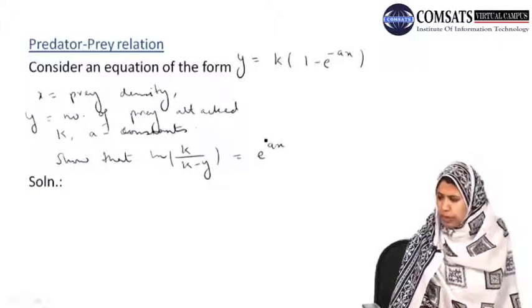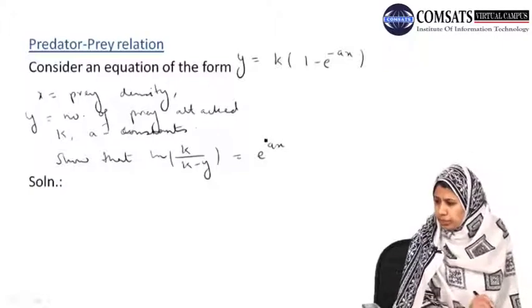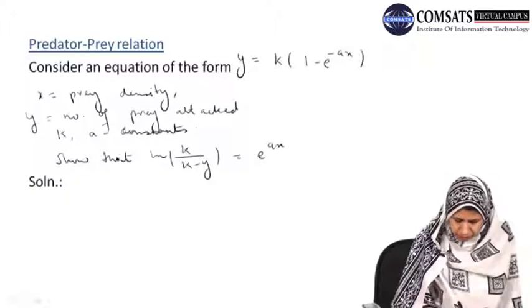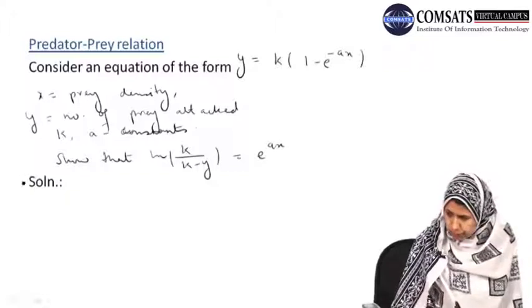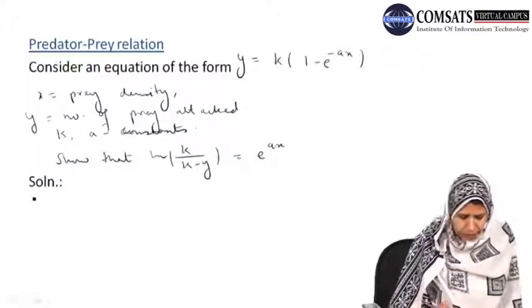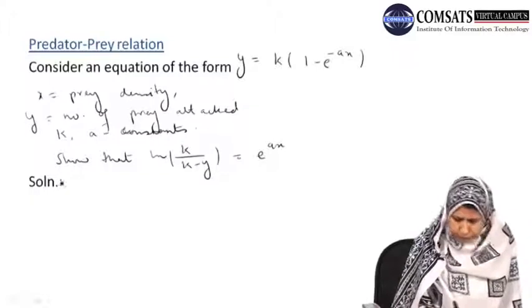By using our equation y is equal to k into 1 minus e to the power minus ax. Our aim is to eliminate e to the power minus ax on one side.